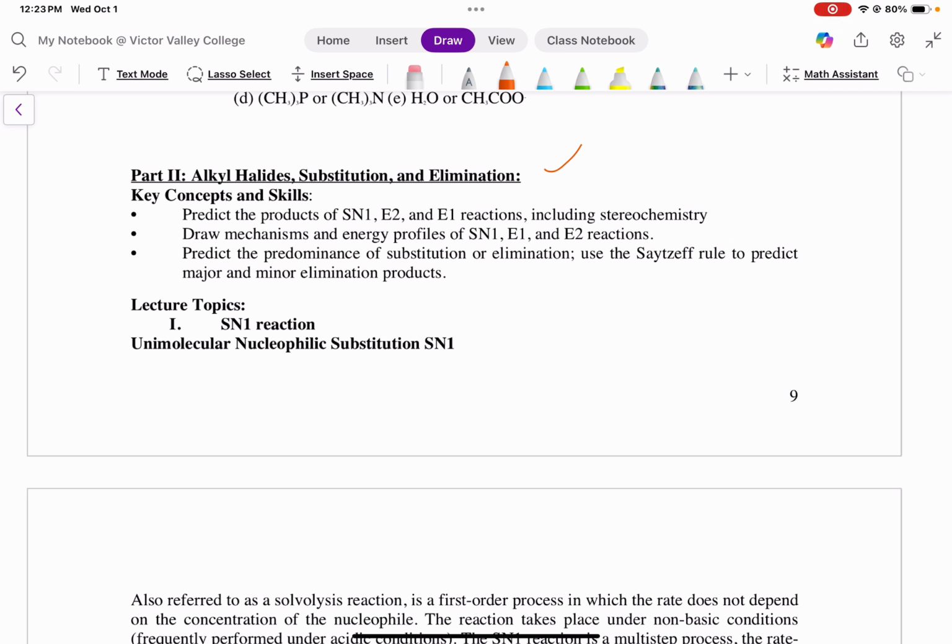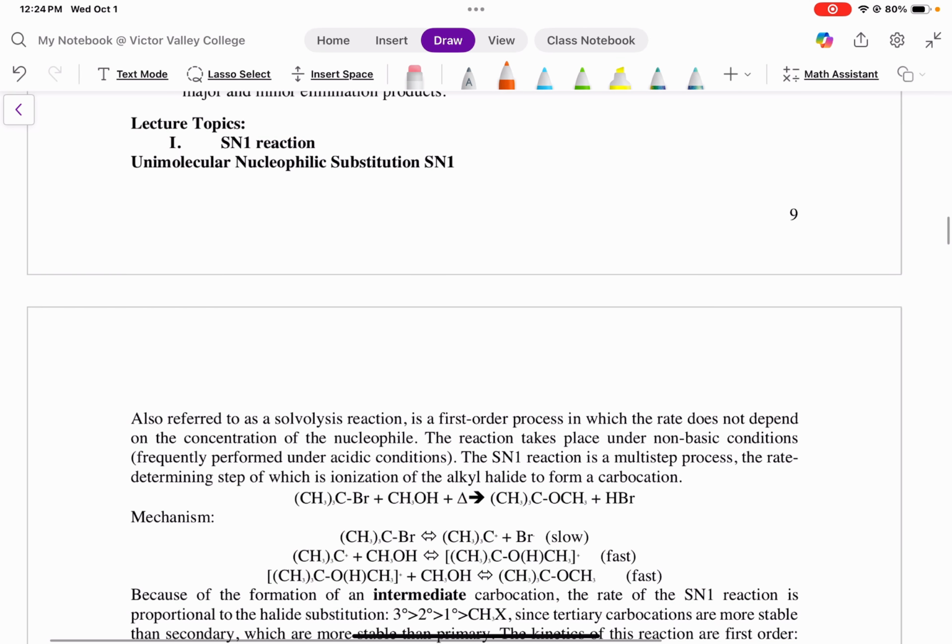Now we're going to go into the unimolecular substitution, which is SN1, and then we'll go into the bimolecular elimination and unimolecular eliminations. All right, let's take a look at it. SN1, unimolecular, one step at a time. Okay, it might take 2 steps, it may take 3 steps.